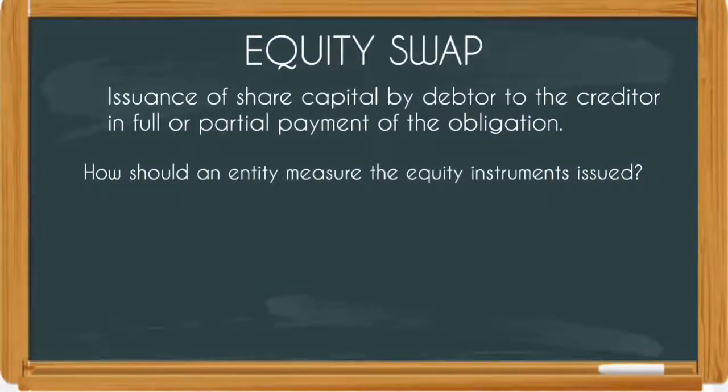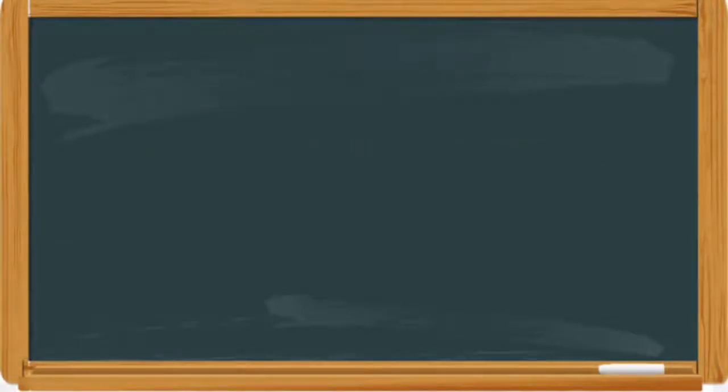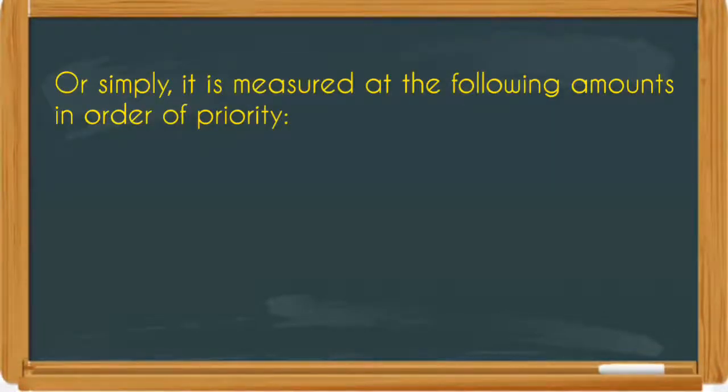But ang tanong is, how should an entity measure the equity instrument issued? Under IFRIC 19, an entity shall measure the equity instruments at fair value of the equity instruments issued, unless the fair value cannot be measured reliably. Or simply stated, it is measured at the following amounts in order of priority.